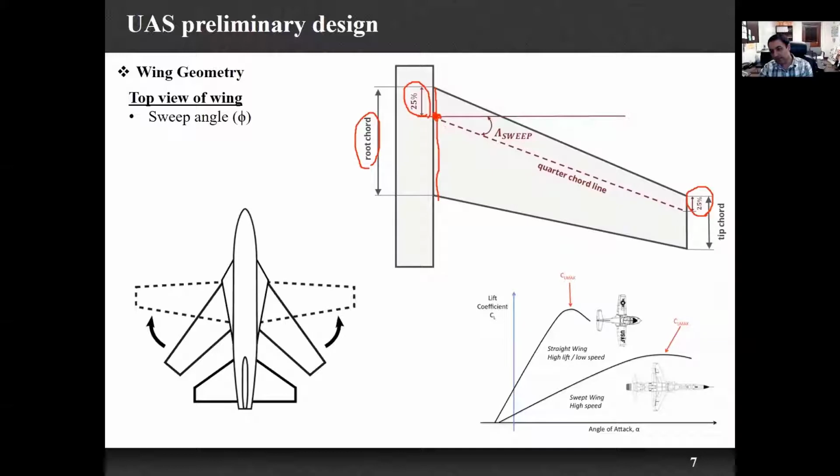So now if I connect this line to this one, as this dashed line that you can see, the angle that this dashed line has with this horizontal line is called sweep angle. So this is a sweep angle.